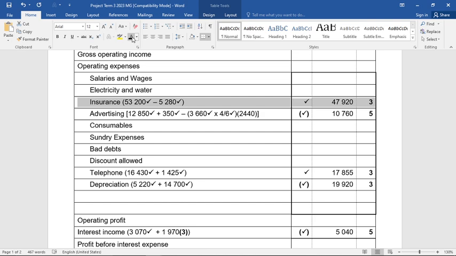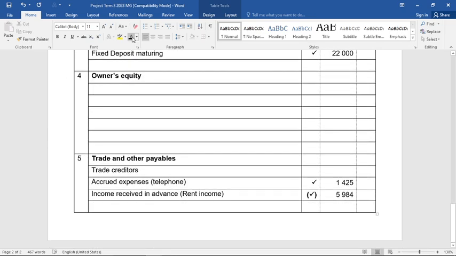Drawings is also now impacted, and we should hopefully know that drawings will be part of owner's equity. Can you remember the wording or the layout of the owner's equity note? It starts off with balance at the beginning of the year, right? The next few lines, pretty much standard, would be first of all the net profit for the year.